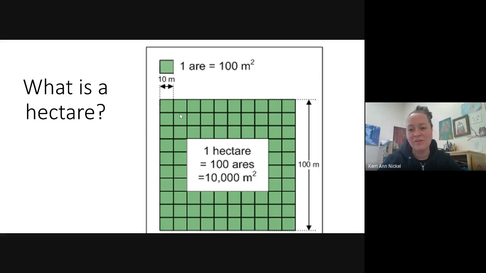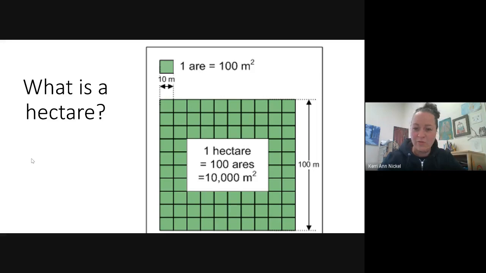And just so you can visualize what a hectare is, it's about the size of a grassy area that would be inside a 400-meter running track. So if you've ever run the 400 meters and you can picture that track and how long it takes you to get around, all of the area inside of that is about 1 hectare.